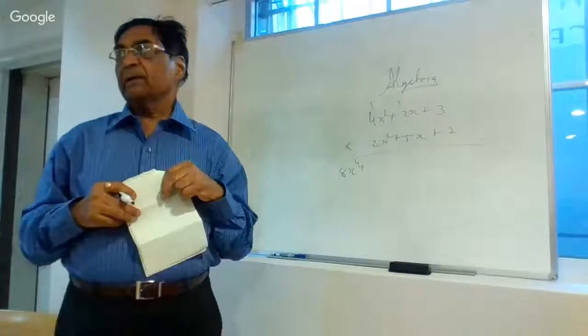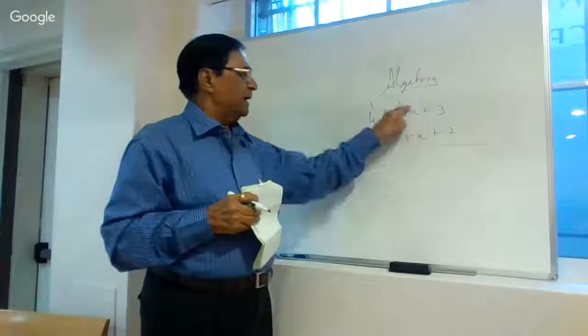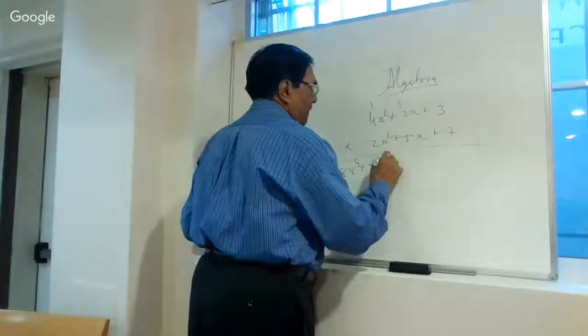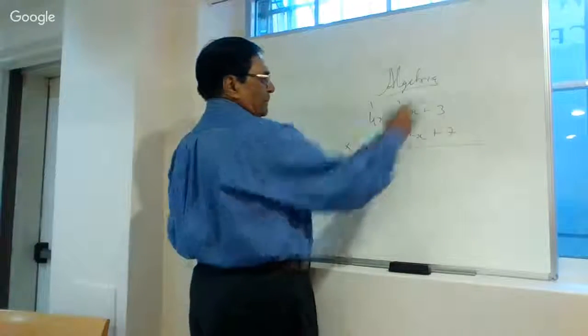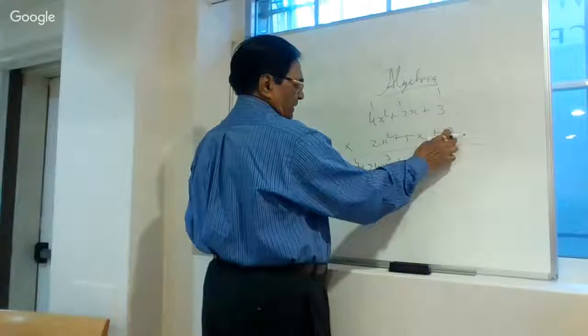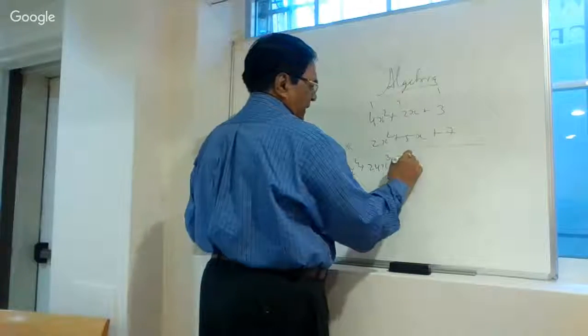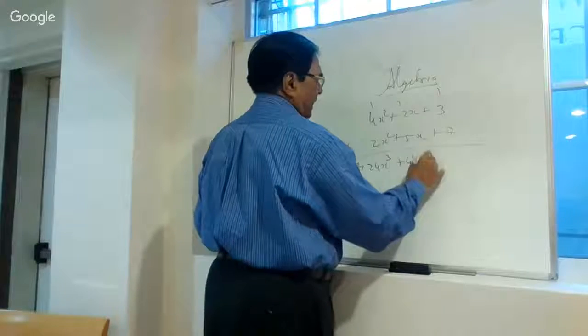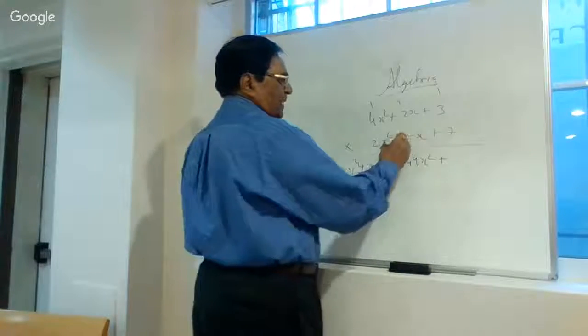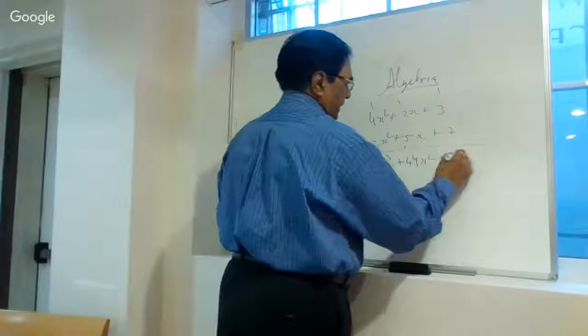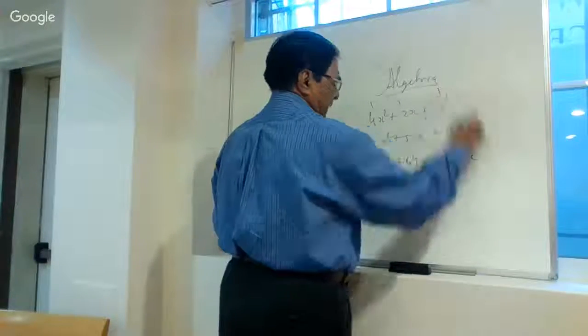So here is a 20 and the 4, 24, 24x cubed. Take this one, this is 28 and 6, 34 and 10, 44 x squared. Then we can go here, 14 and 15, 29 x, and this one.